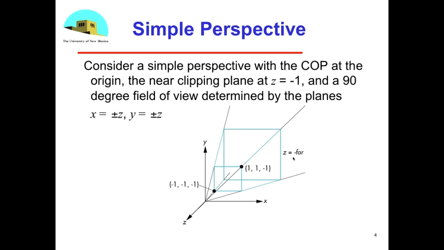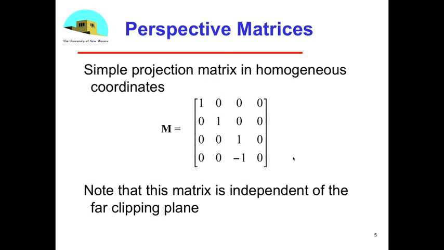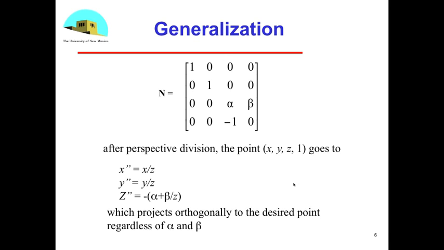Now that's really interesting because it does a couple of other things. Look at what happens over here. It takes the side planes, x equals z, x equals minus z, and converts them into the planes x equals 1 and x equals -1. Likewise, for y, it converts that to y equals +1 and y equals -1.